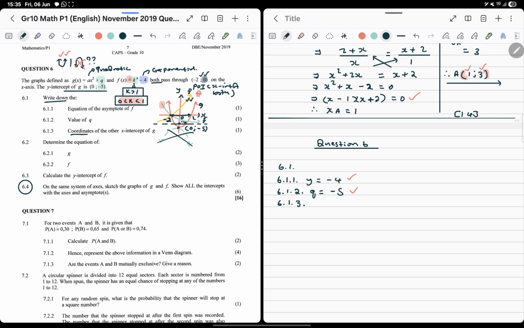But remember, the question said coordinates of the other x-intercept, so we know that this is going to be 2 and 0, knowing the axis of symmetry. All right, so can you see, guys, we're cruising here. No issues. And in fact, for this one, we're going to get maybe 2 marks. Ah, just 1.